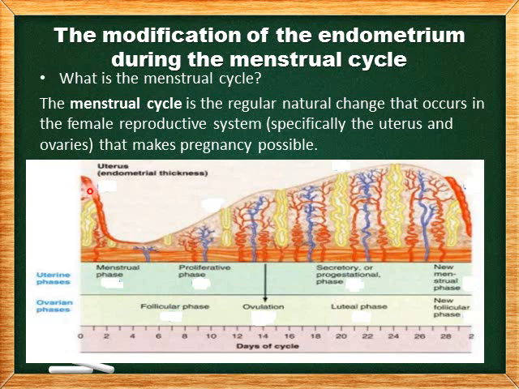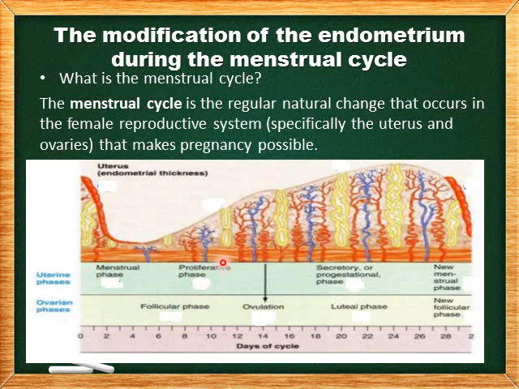Once she bleeds, she can mark the first day of her cycle. Usually, the bleeding lasts 5 to 7 days. So when menstruation is over, after around 5 to 7 days, the endometrial cycle enters the second phase, which is the proliferative phase.